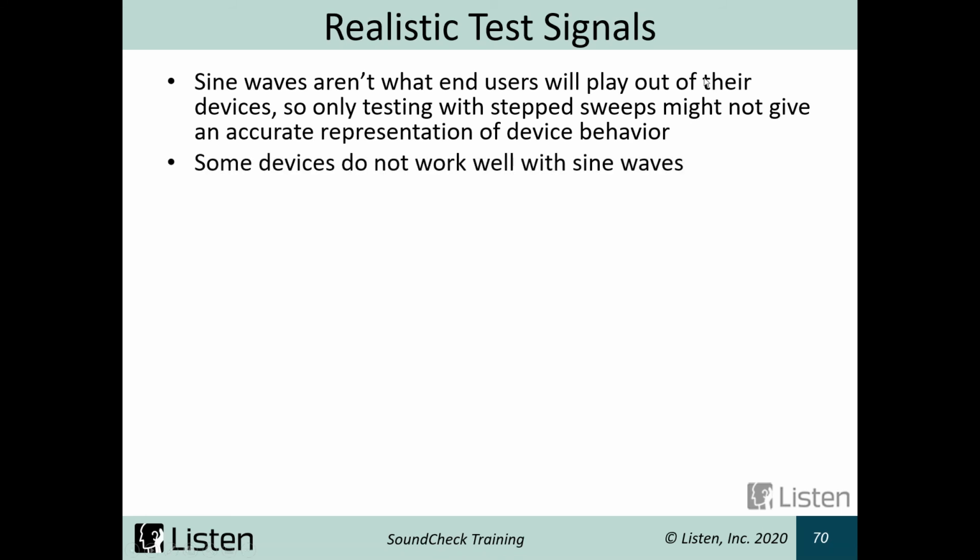There's also some devices that just don't work with sine waves. If you have a smart device, one common thing it will do is try and filter out noise with DSP. There might be some signal processing on there, where if it hears a sine wave, it attenuates it, makes sure it doesn't come through to the end user.